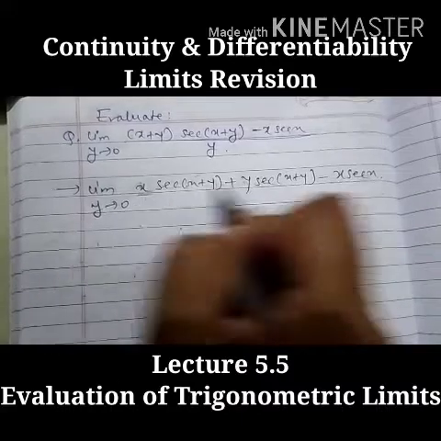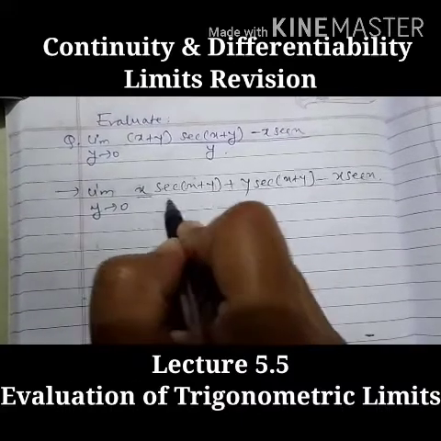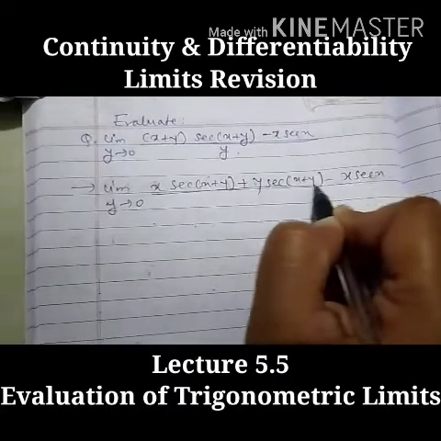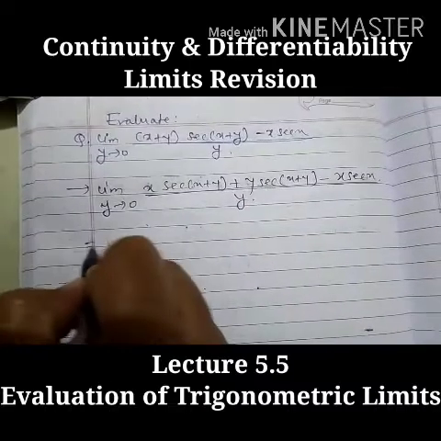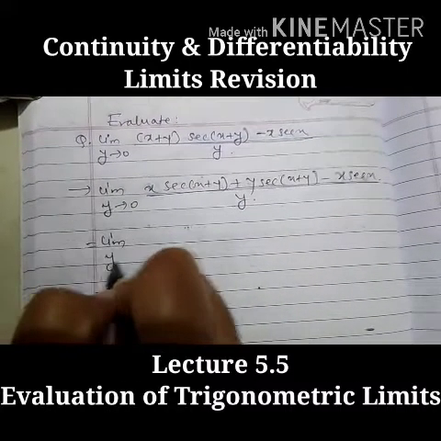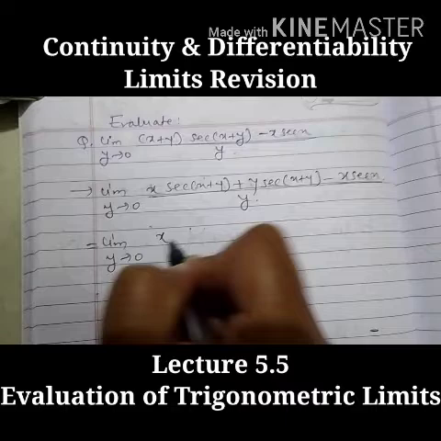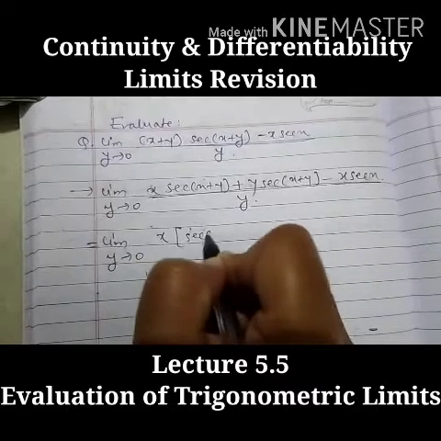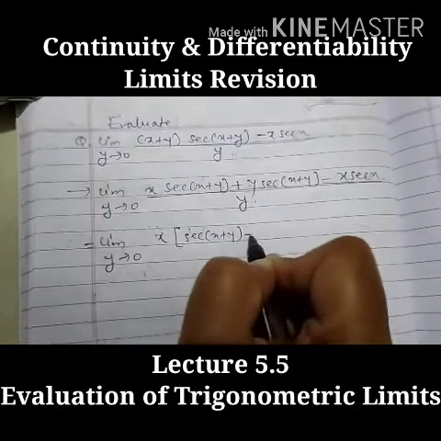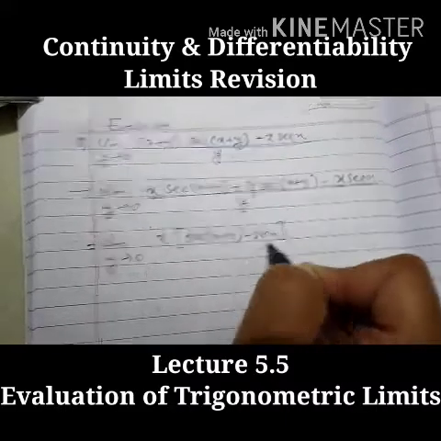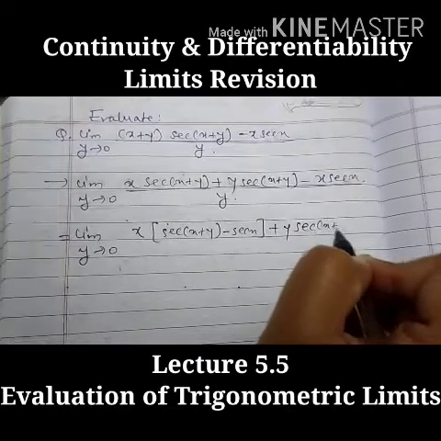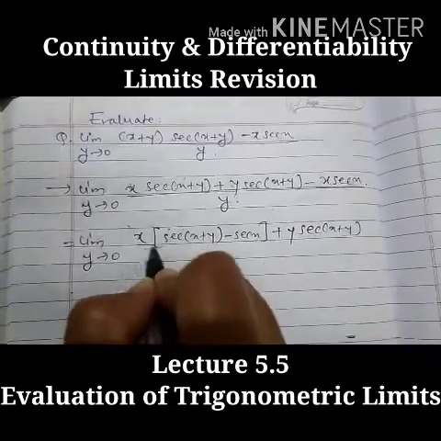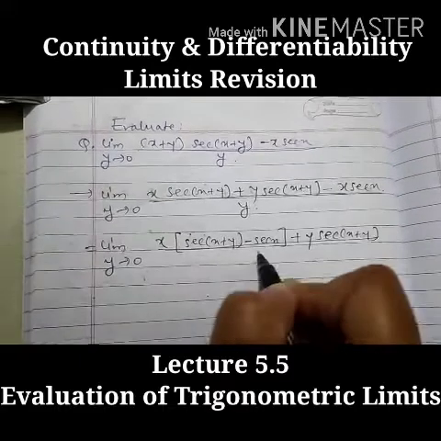Now here x is common in both the terms, so we'll take out this x upon y. So equal to limit as y tends to 0, x in bracket sec of x plus y minus sec x, plus y times sec of x plus y, whole thing divided by y.